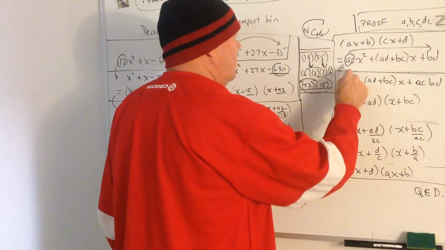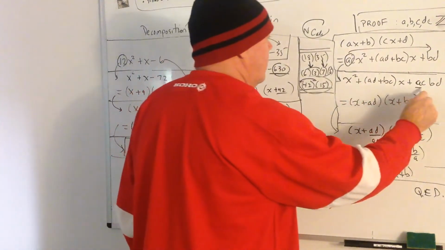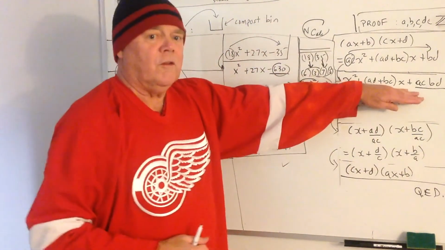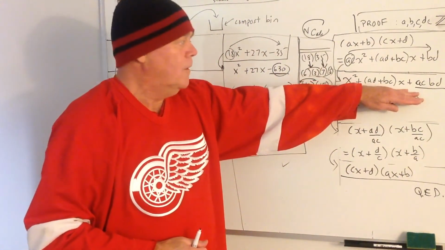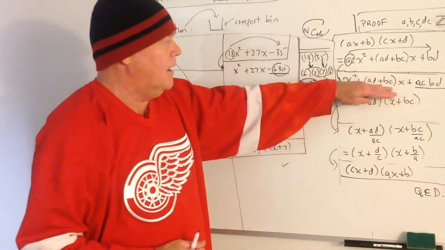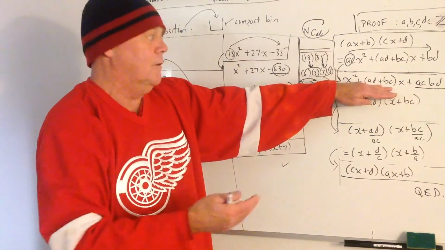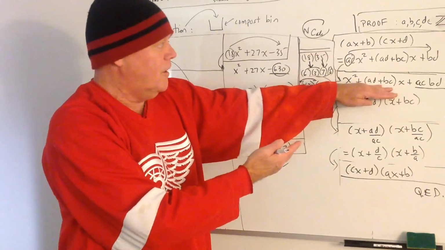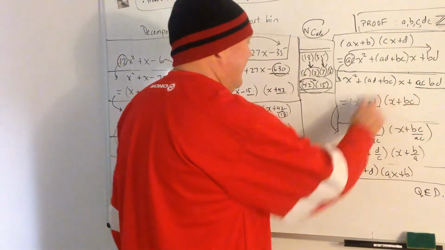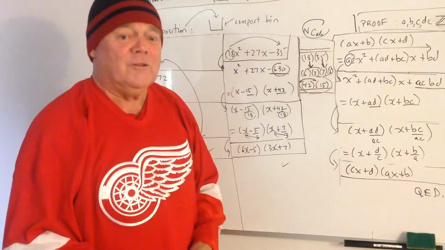Of course they're not equal, this is just an arrow, but it's ac times bd. Once we're into this situation, we're looking for two numbers that multiply to ac bd and add to ad plus bc. Well, in algebraic form, it's pretty easy to see. It's ad and bc. Sometimes algebra is easier than numerical.